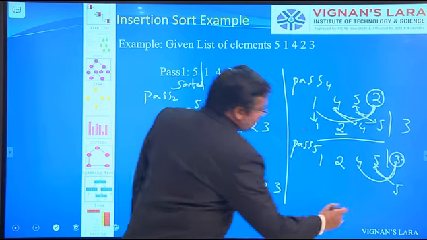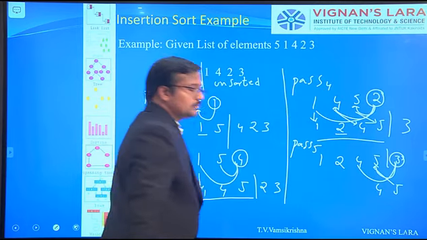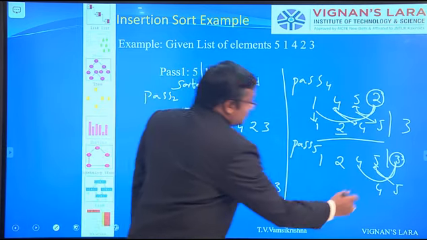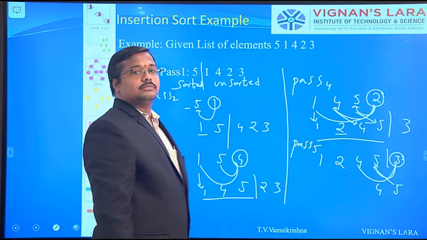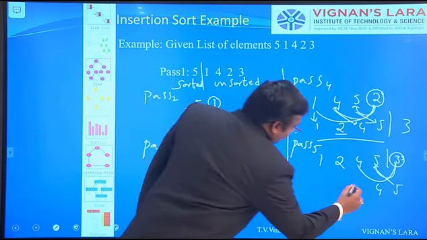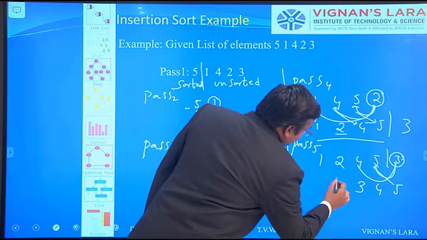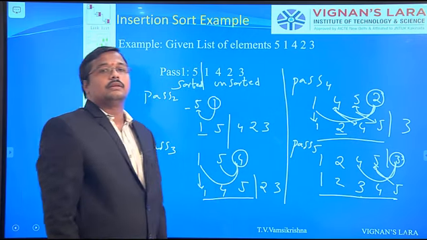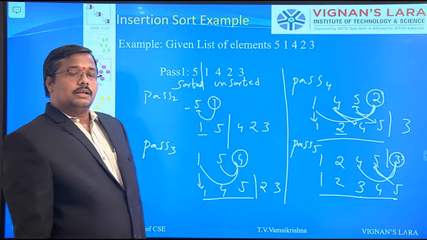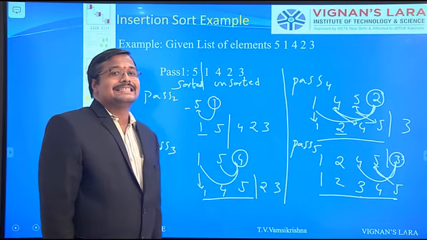Not a right match, 4 is copied into here. The next 3 is compared with 2. It's a right match, process stops. So 3 is copied into here. The next elements are the same. This is the example for insertion sort.